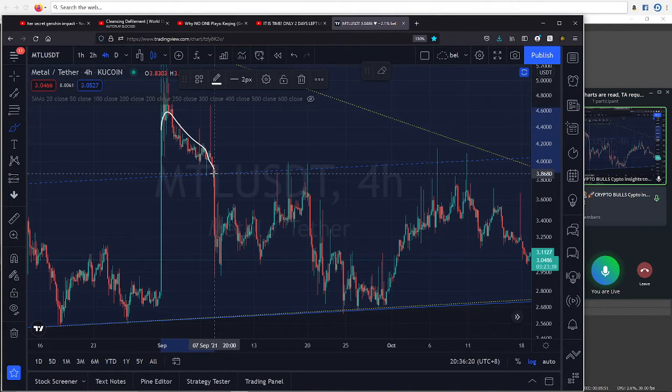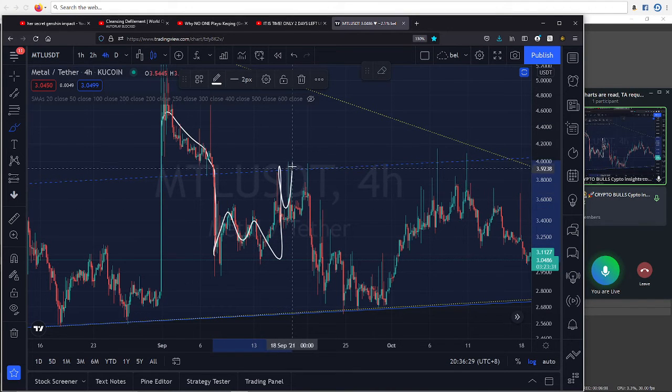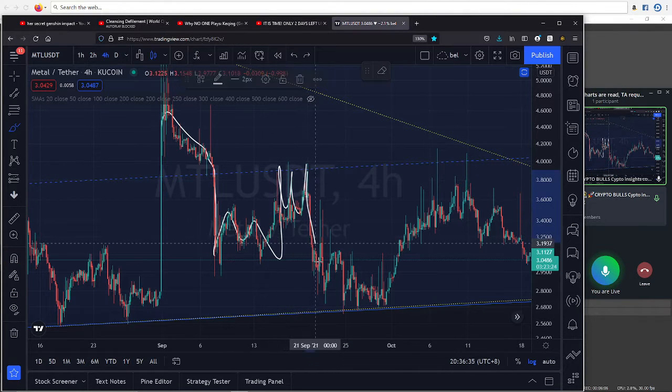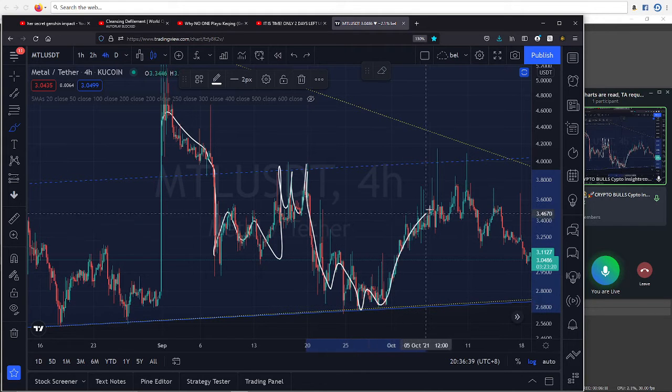Once this middle line fails, one whole candle comes down, which means the breakdown was through and through. It tries to work its way up, gets rejected, gets rejected, gets rejected. So this tells us that this middle line is significant as a resistance. We get rejected, and now it finds support at the lower channel. It goes up again, gets rejected by the middle. So you get the idea.